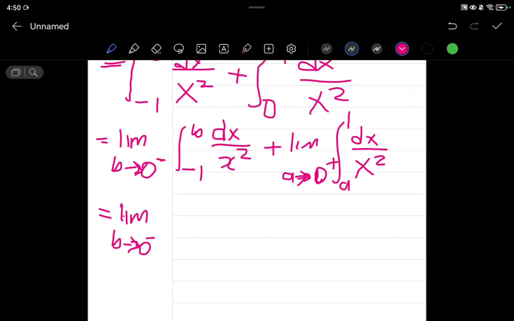So I would integrate this, but let me first start by rewriting it, because we already know the integral.